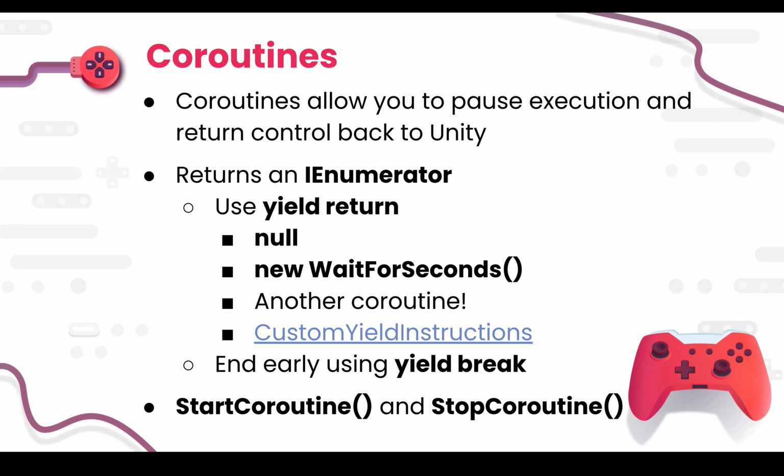Finally, Unity allows you to code your own custom yield instructions to allow your coroutines to wait until a specific event happens. From inside of your coroutine, you can also end early by using the yield break statement. To start a coroutine, use this StartCoroutine function, and you can also stop coroutines using the StopCoroutine function.